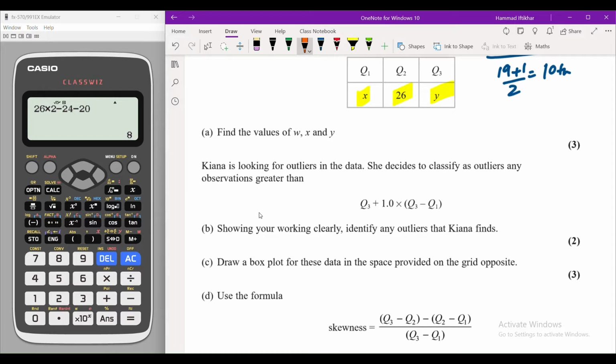Kiana is looking for outliers in the data. She decides to classify as outliers any observations greater than Q3 plus 1 times Q3 minus Q1. Showing your working clearly, identify any outliers that Kiana finds.